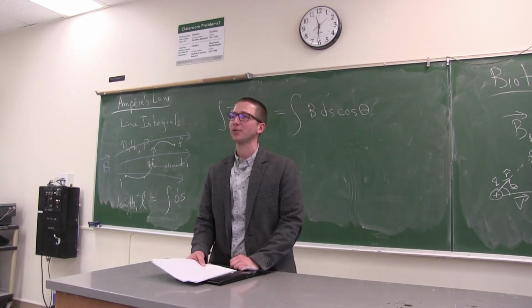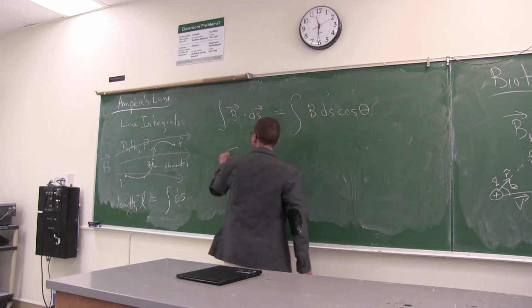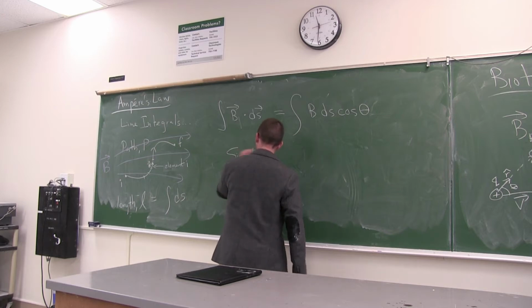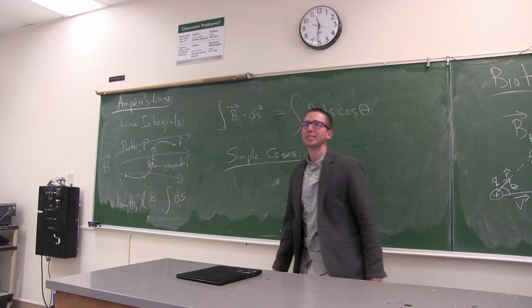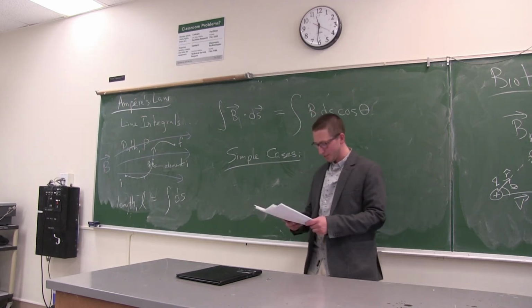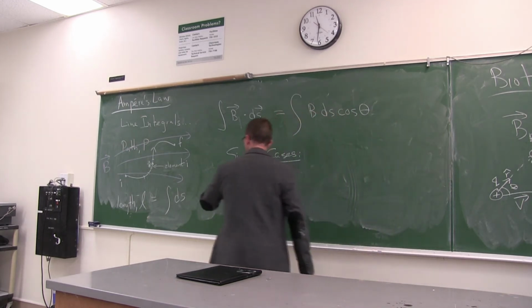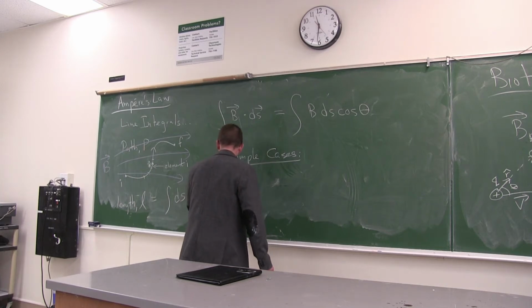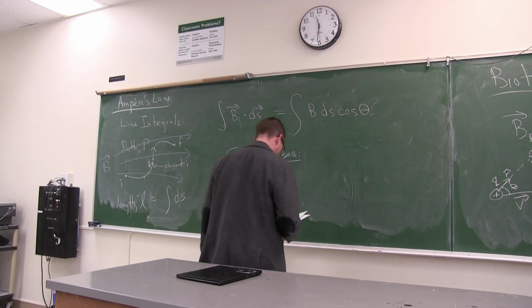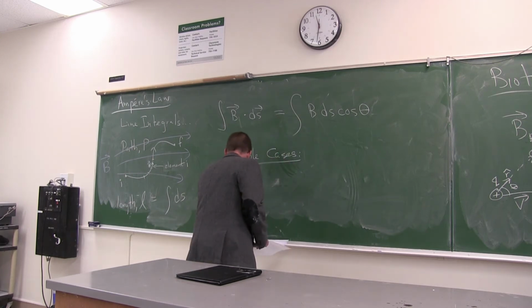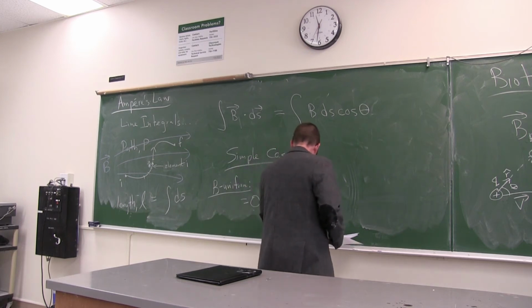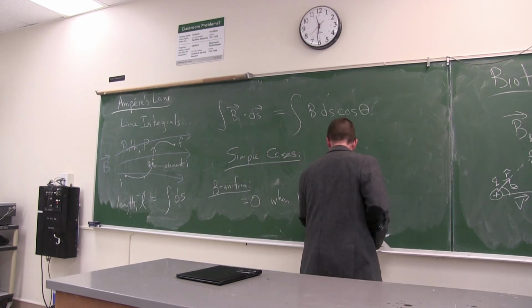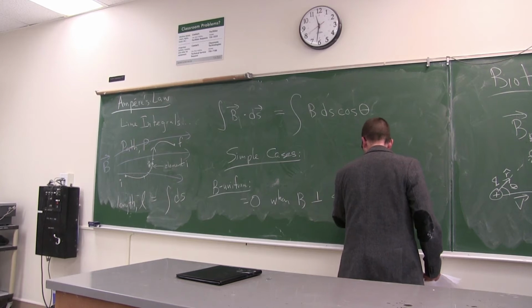So some simple cases for line integrals. The simplest case would be when B is uniform, for example. So this is going to equal 0 when B is perpendicular to s everywhere.